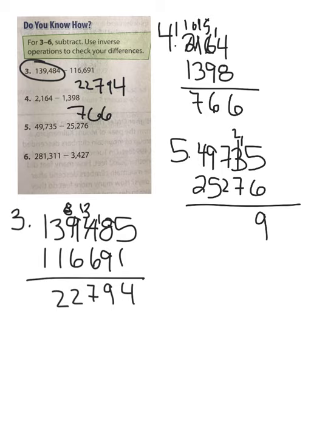We cannot take 7 from 2, so go next door to the hundreds place, cross it off, make it a 6, and add the 1 to your tens place. 12 minus 7 is 5. Now you can take 2 from 6, so 6 minus 2 is 4. 9 minus 5 is 4. We do not have to regroup there or borrow. And 4 minus 2 is 2. So you have 24,459.